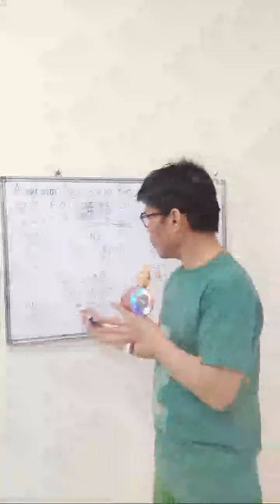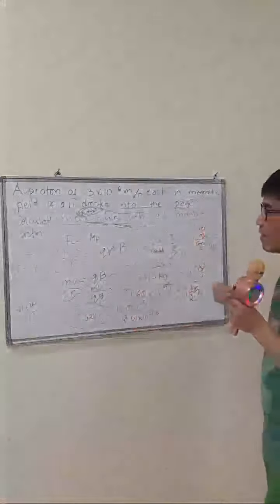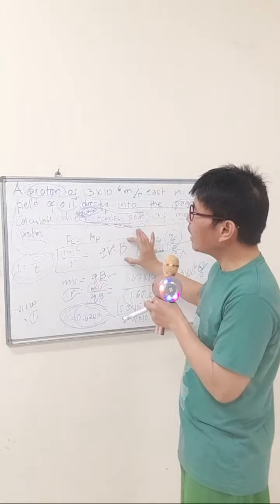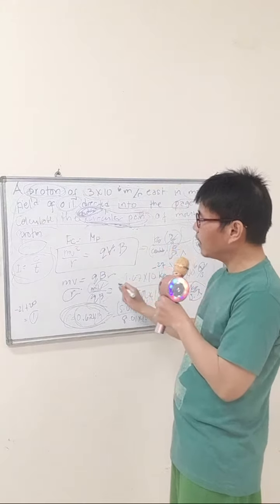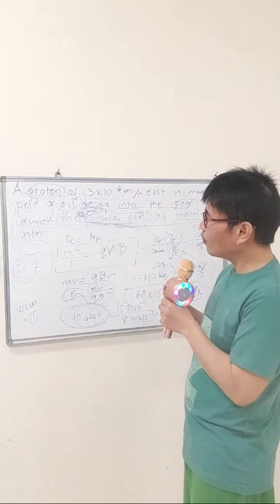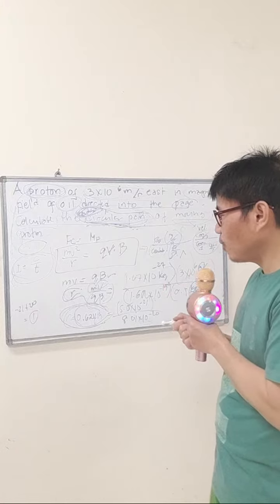So our radius is 0.64 meter. Because we derived something, you need to memorize that final formula for R, so that in your next computation you don't need to derive again. So what is that?